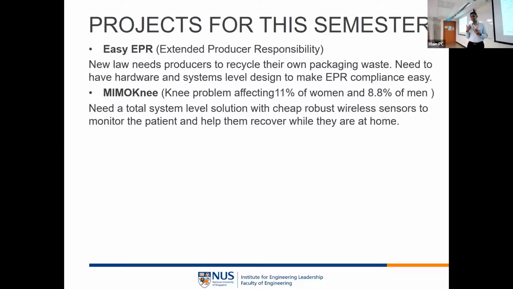They need rehab, but in this current COVID condition, nobody can track how well they are doing their rehab at home, because going into rehab centers is also difficult. So they are coming up with ideas about how we could have a wireless sensing system to detect and monitor elderly persons with knee problems. So that's the second project.